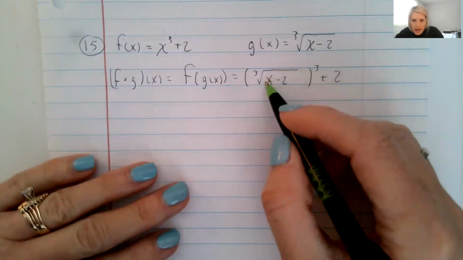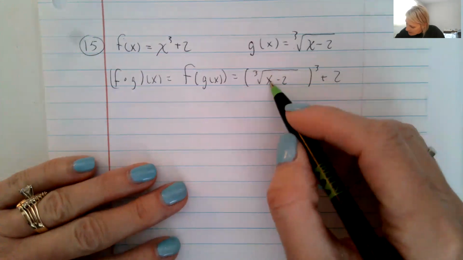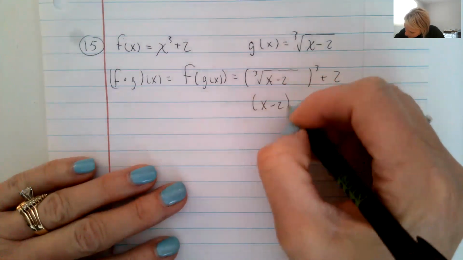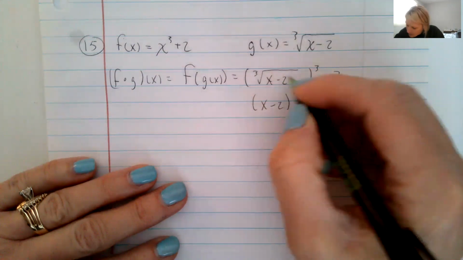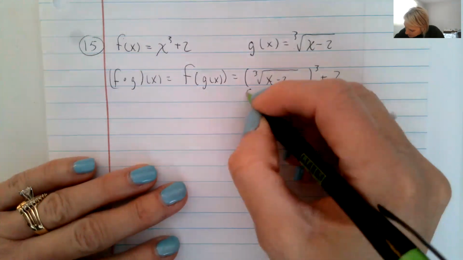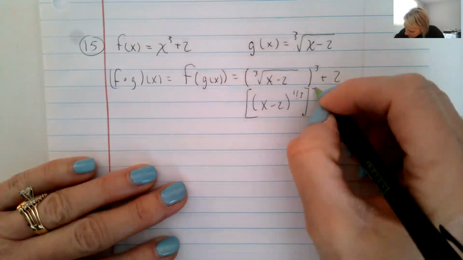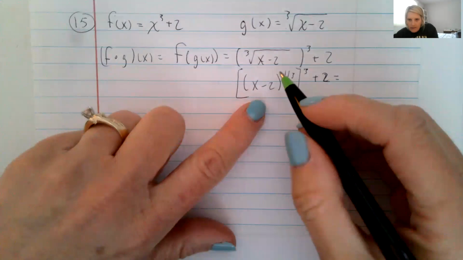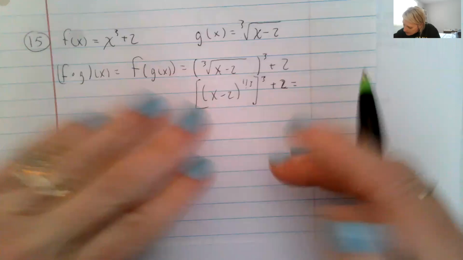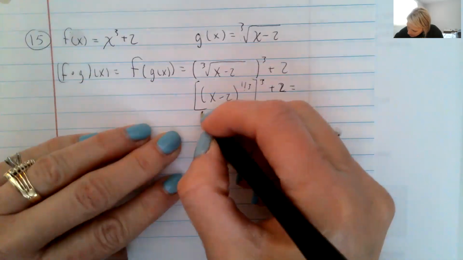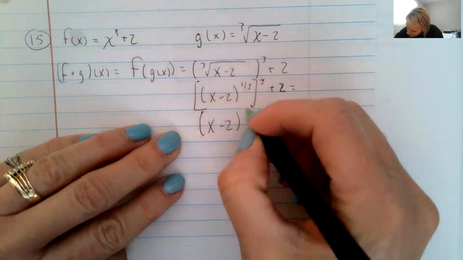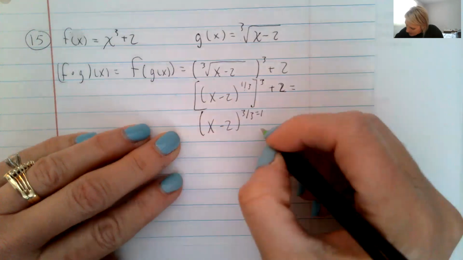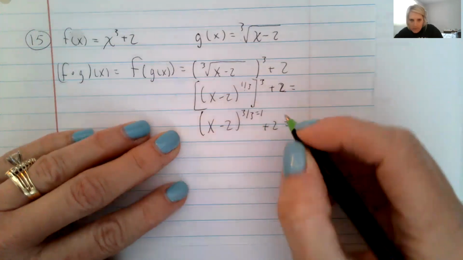So I have the cubed root of x minus 2, which is the same as x minus 2 to the 1/3. That is the same as the cubed root. And that is to the power of 3 plus 2. And so that means we have x minus 2 to the 3/3, which just equals 1, plus 2.